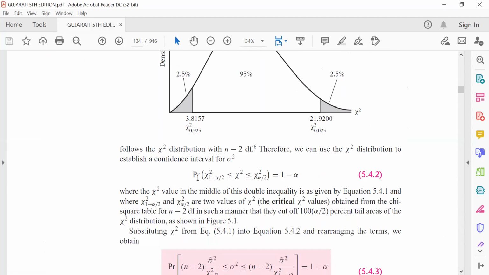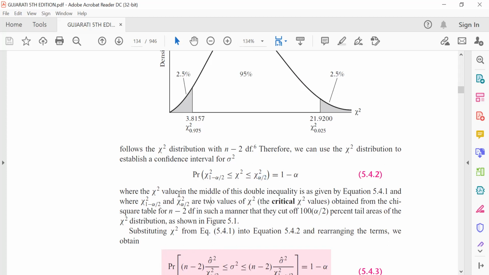The probability of chi-square with 1 minus alpha over 2 in the lower limit, and another one, the upper limit, is alpha over 2. These are different values. It's not the same as the T distribution. That means we have two critical values in the chi-square distribution.